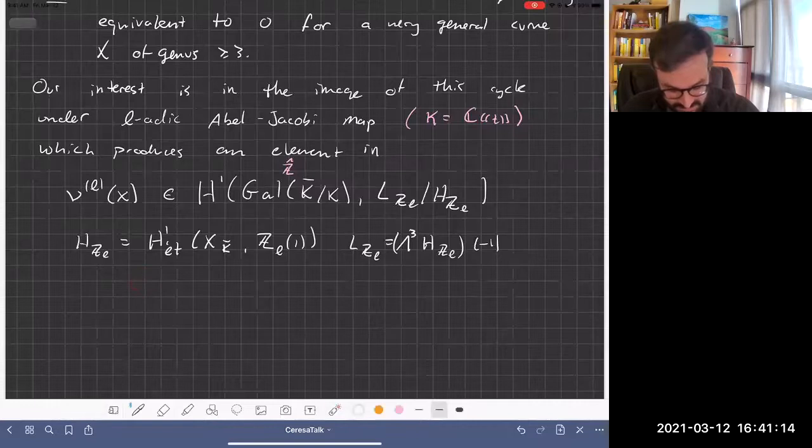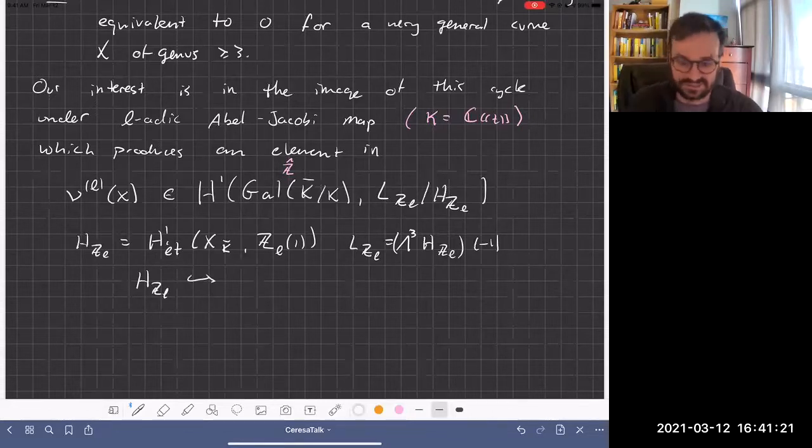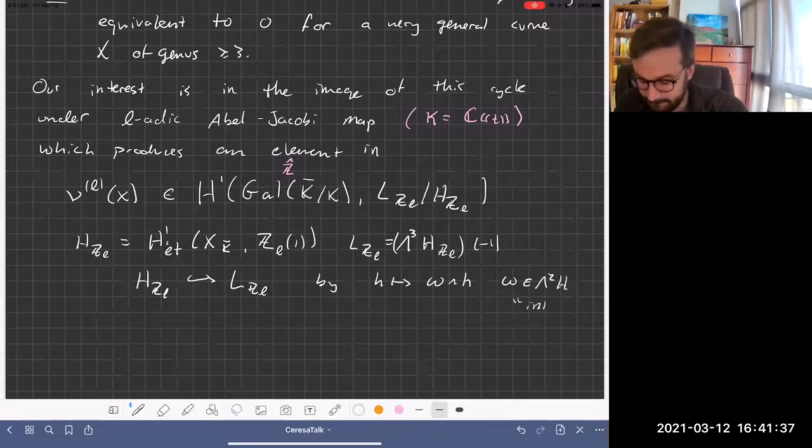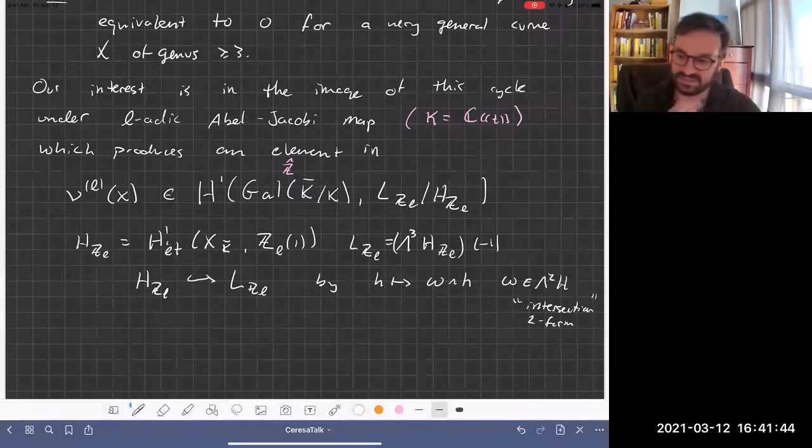So maybe I'll just comment H_Z_L, and then I guess we're doing a sort of L-adic analog of this intersection 2-form. Right, so omega is this intersection 2-form. We'll see a little bit more of this explicitly when we get to the topological setting.